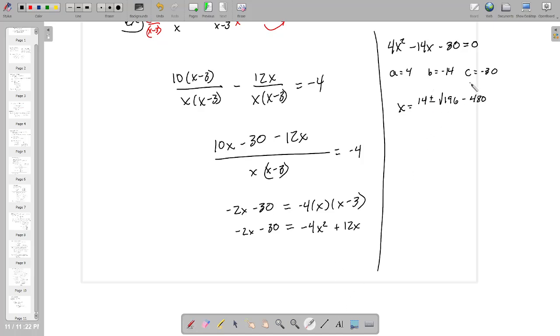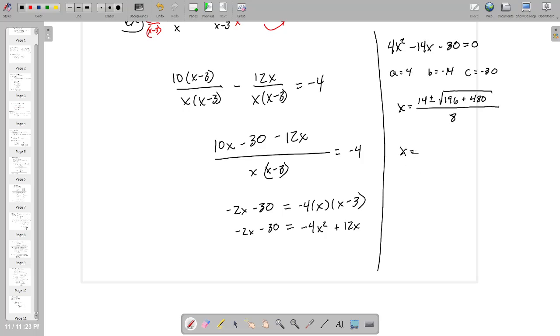And we also have a negative here, so this is going to turn into a plus. 4 times negative 30 will look like this here in the radical. Divided by 2a, which is going to be 8. 2 times 4 is 8.